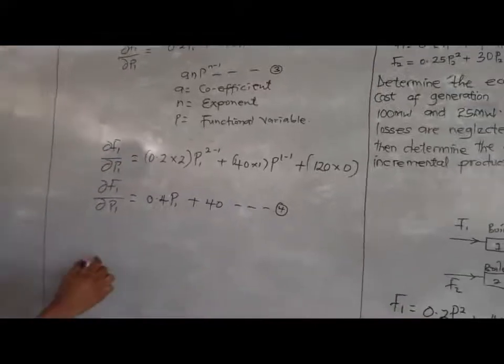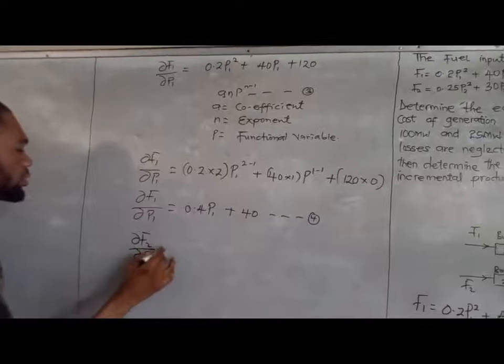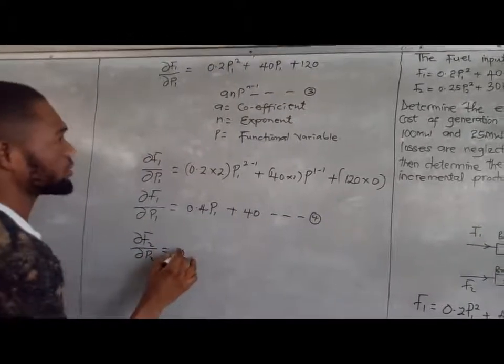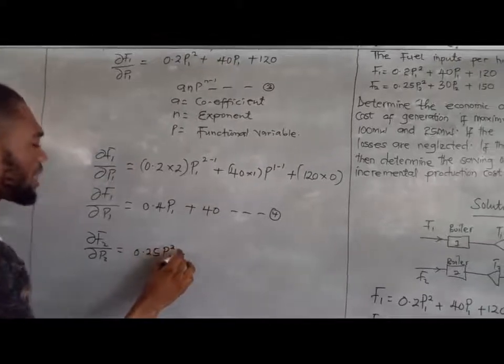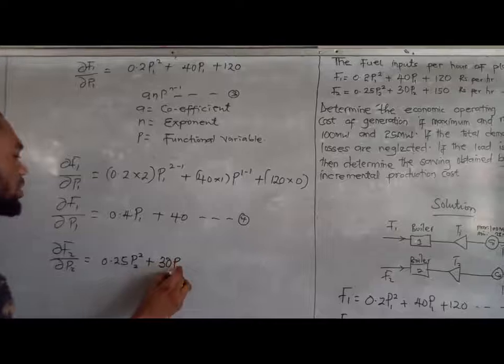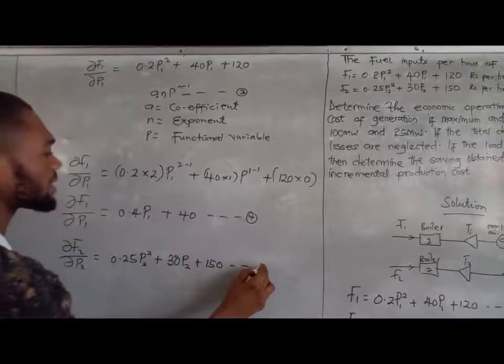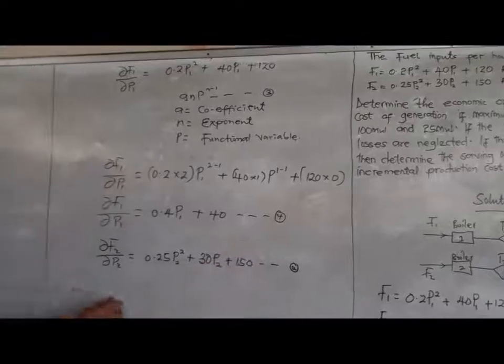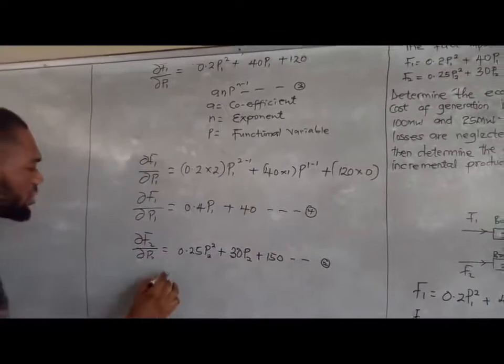The same theory applies to dF2 over dP2, which equals 0.25 P2 squared plus 30 P2 plus 150, as our equation 2. So we apply the differential function to it.